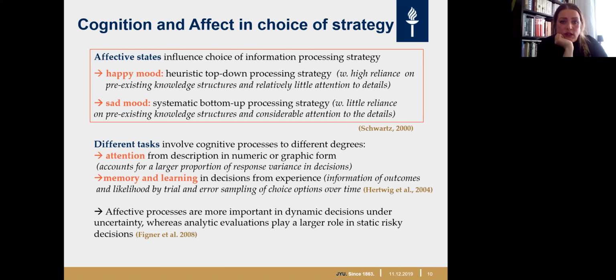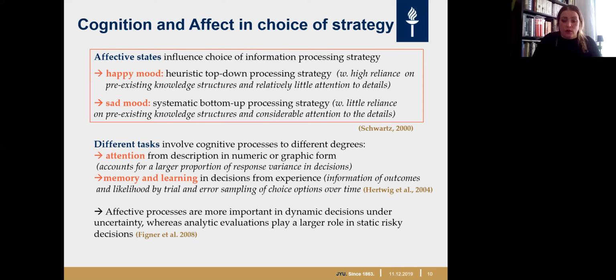Also, the different tasks involve cognitive processes to different degrees. Attention is highly involved if there's a judgment to be made on the basis of description in numeric or graphic form, and it accounts for a larger proportion of response variance in decisions. On the other hand, memory and learning are important in decisions from experience, where information about outcomes and likelihood is gained by trial and error sampling of choice options over time.